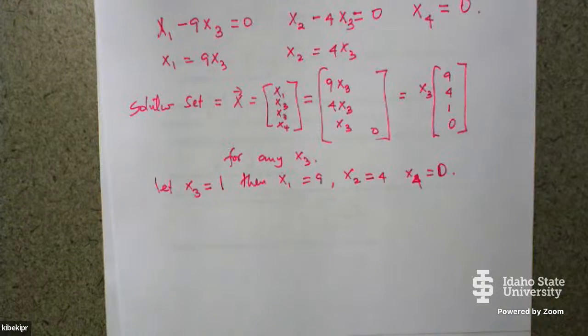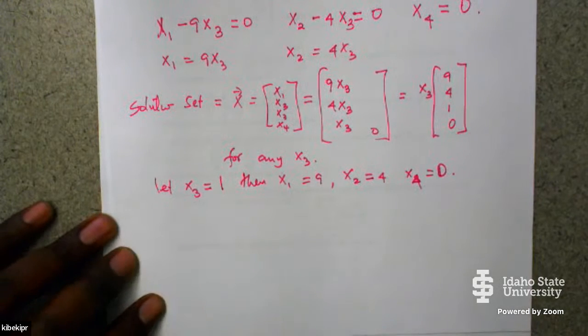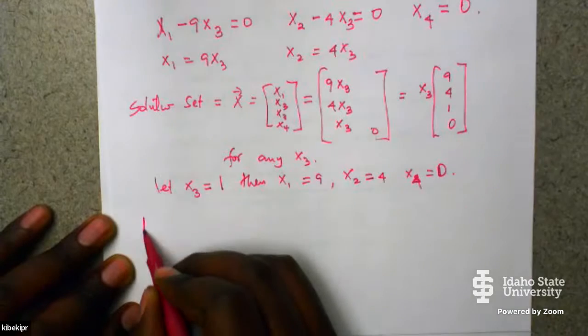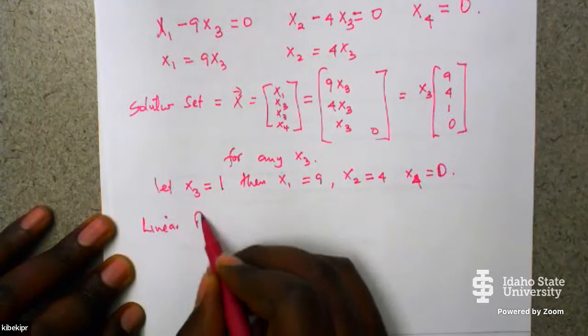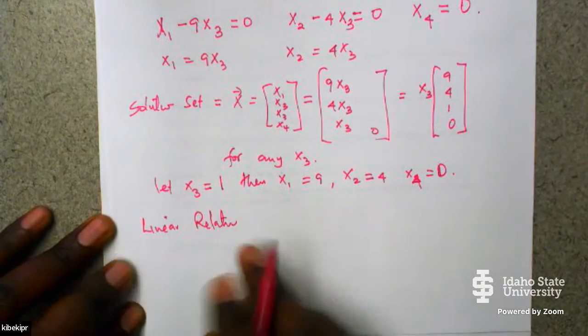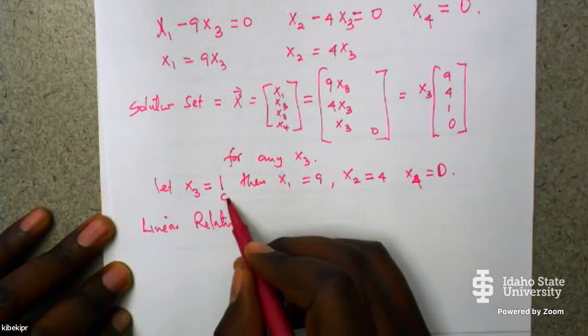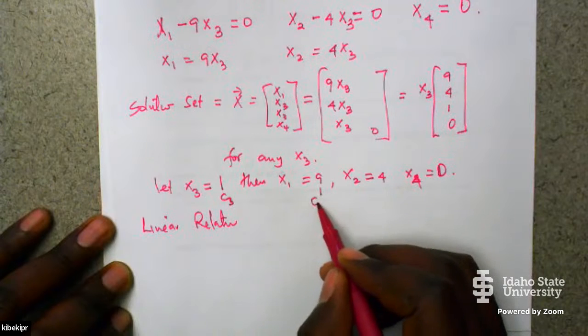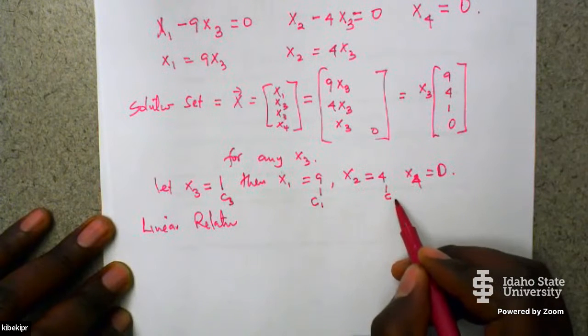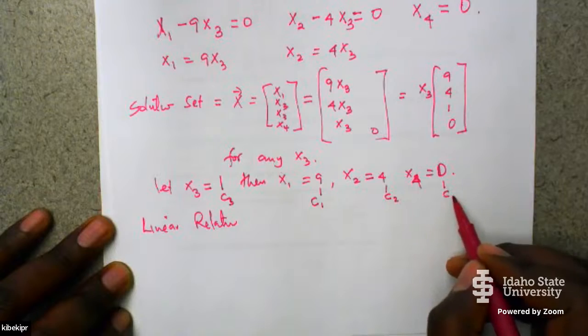So therefore, our new linear relation. So these are basically our C1. Sorry, this is C3. This is our C1. This is our C2, and this is our C4.